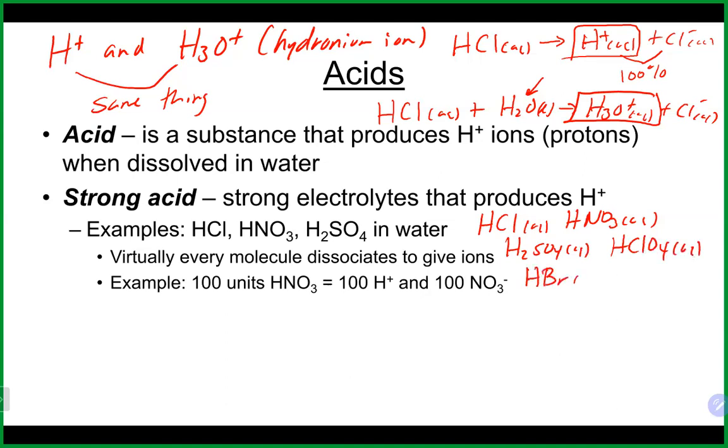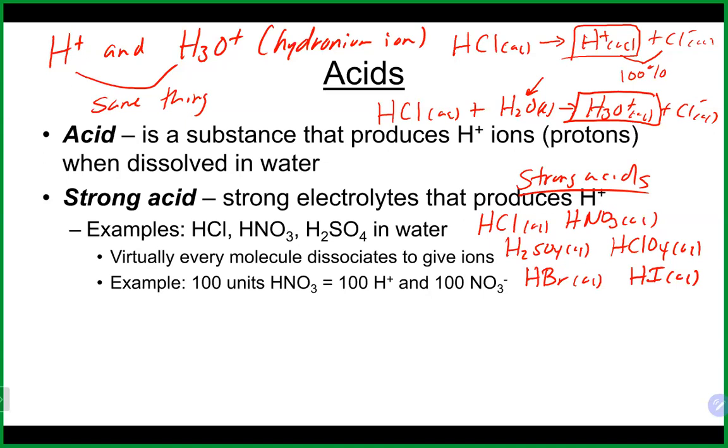Hydrobromic acid is a strong acid, and hydroiodic acid is a strong acid. So that's a pretty good list of pretty much all the strong acids that you'll ever come across. Those 6. Pretty much, if it's not one of those 6, it's probably a weak acid. So these are your big 6 that are definitely strong acids.